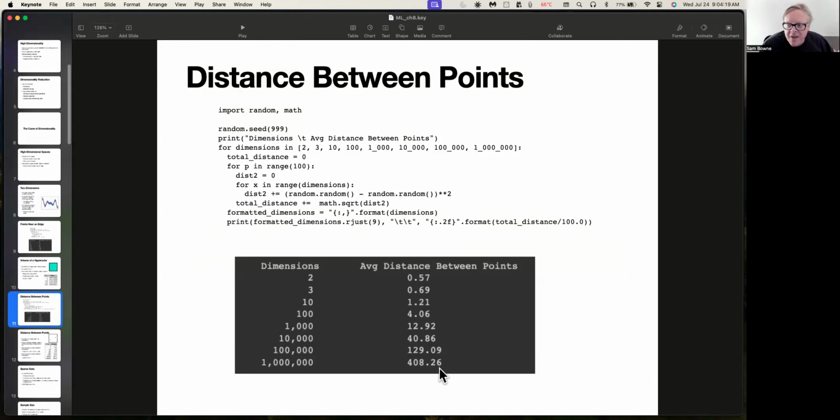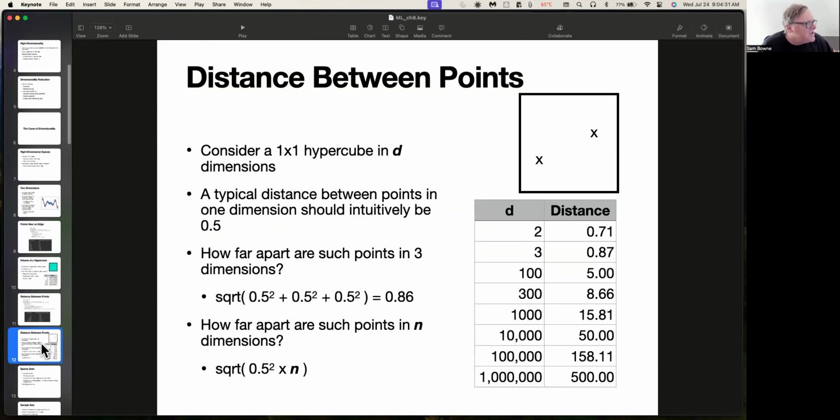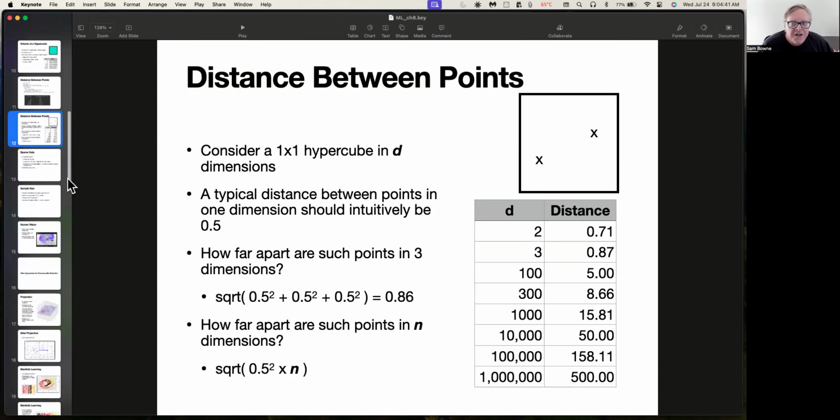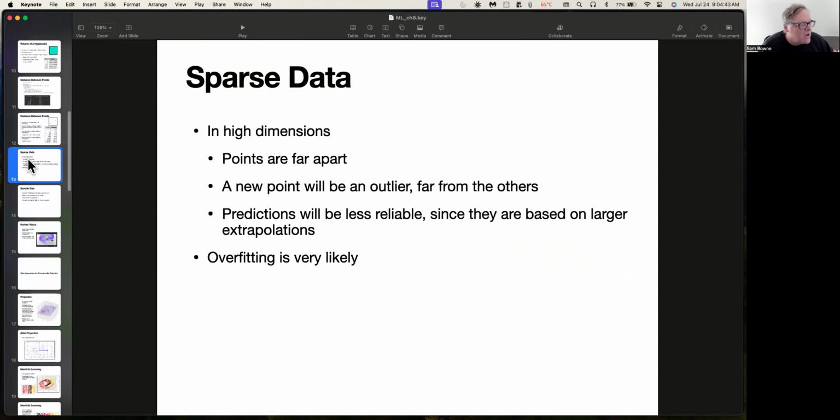So the entire range of an input parameter is 1, and yet your points are separated by a distance of 400, so they can't possibly trace the shape of the curve in there. That means you can never have enough data to trace out a curve in all those dimensions. No matter how much data you collect, it could never possibly be enough to trace out the actual dependence on all those variables.